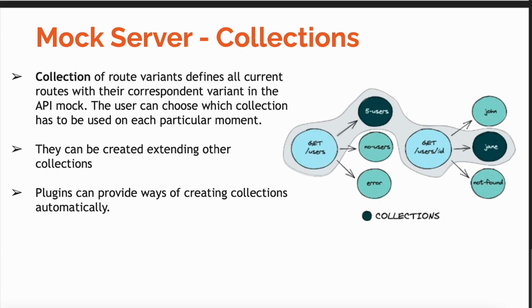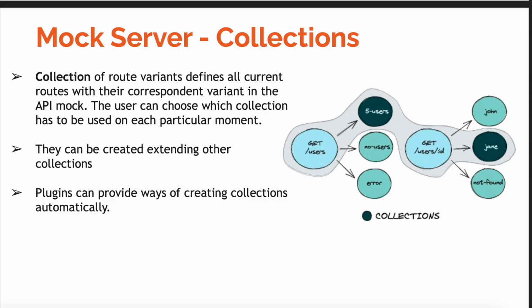Third one is the collections. Now you have created a route and you have created a variant. You can bundle this route and variant to form a collection, so that when you start the mock server, you can define which collection and which variant should be actively served.